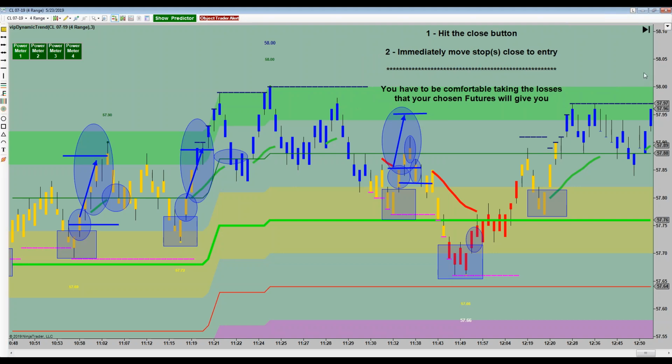So are we saying with this statement that all losses on each instrument will be the same? Is it possible that some instruments will give you larger losses than others?